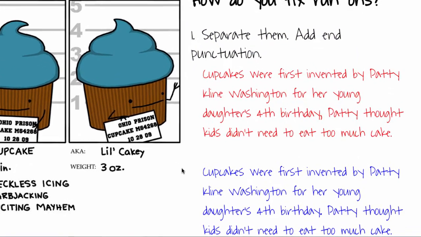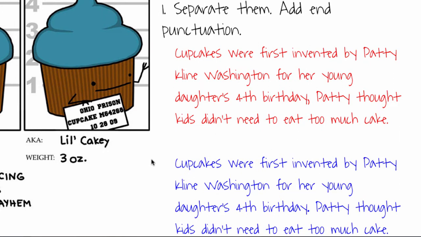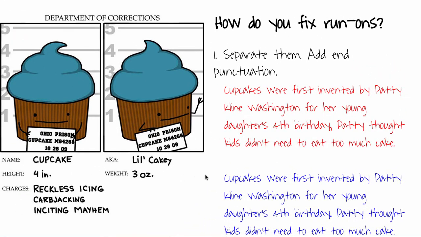Cupcakes were first invented by Patty Klein Washington for her young daughter's 4th birthday, period. And then my second sentence is, Patty thought kids didn't need to eat too much cake. Again, a period. So you can see those 2 ideas have been separated out, and I have a clear subject and a clear verb in each sentence.